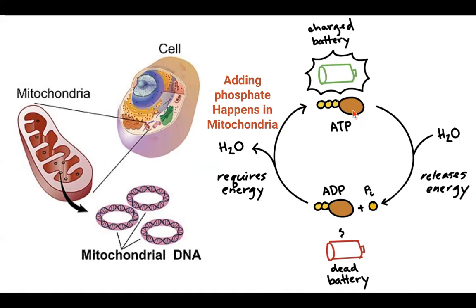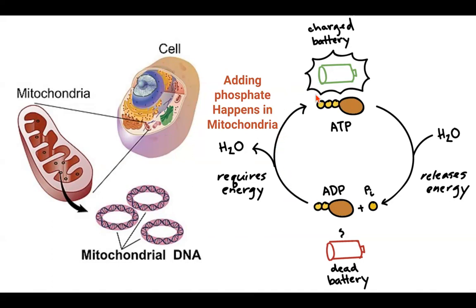An ATP, or adenosine triphosphate, you can see as a fully charged battery. It has the energy in it. And as you use the energy, you break off that phosphate and turn it into adenosine diphosphate. You're now dealing with a dead battery. So the energy has been released. The battery is dead. You can recharge that battery by adding the phosphate back on to the ADP, and you can turn it back into ATP.